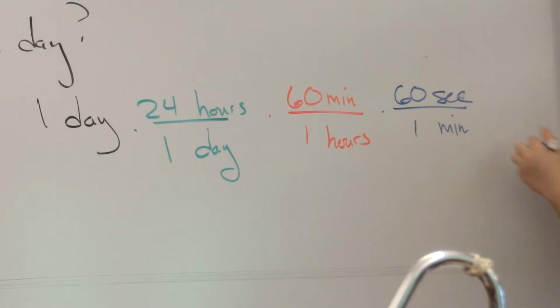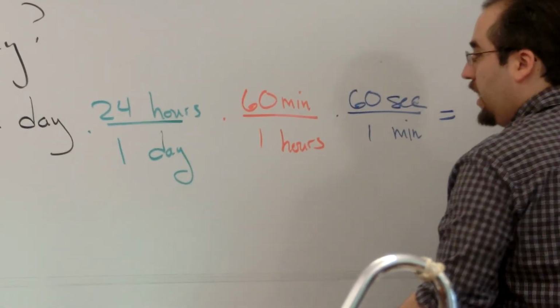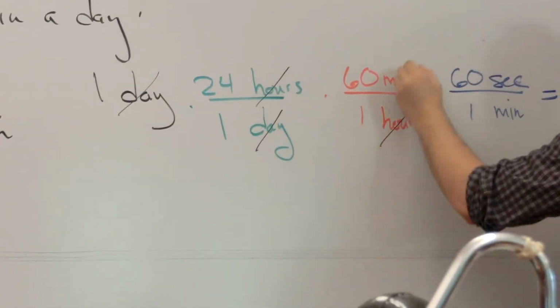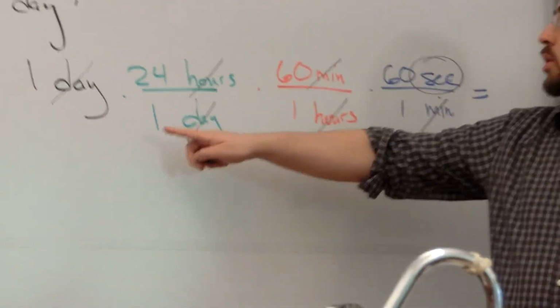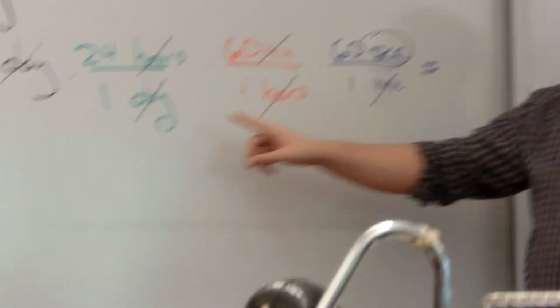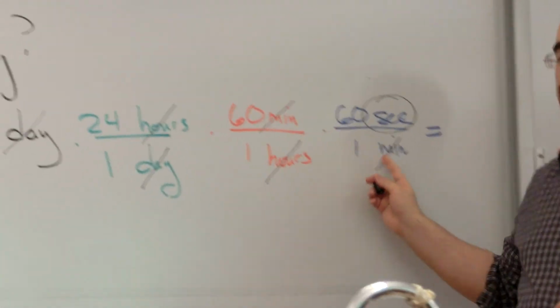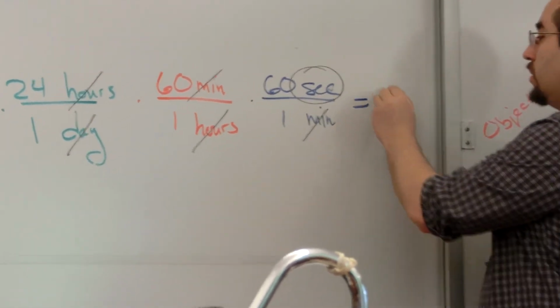So when we're looking at this, we see that we have day canceling, hours canceling, minutes canceling, leaving us with seconds, assuming we do all of this multiplication. 1 times 24 times 60 times 60 divided by 1 times 1 times 1. Yes, I did it starting with seconds.